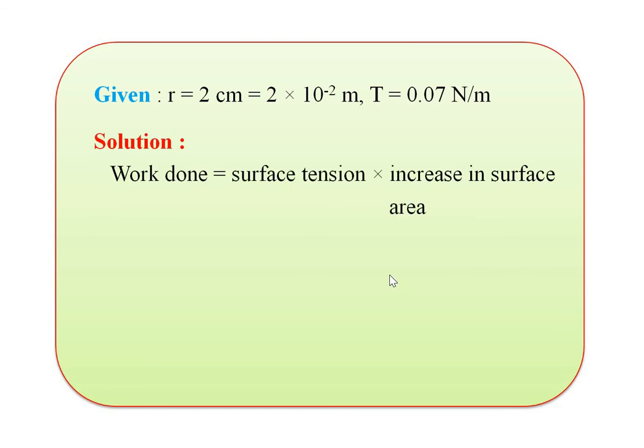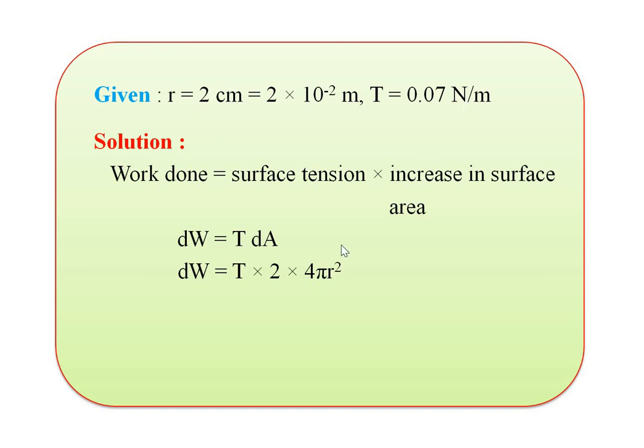As we know, work done has the formula surface tension times the increase in the surface area. The formula is dW is equal to T times dA. So putting the value of dA in this equation, we get dW is equal to T into 2 into 4 pi r square.